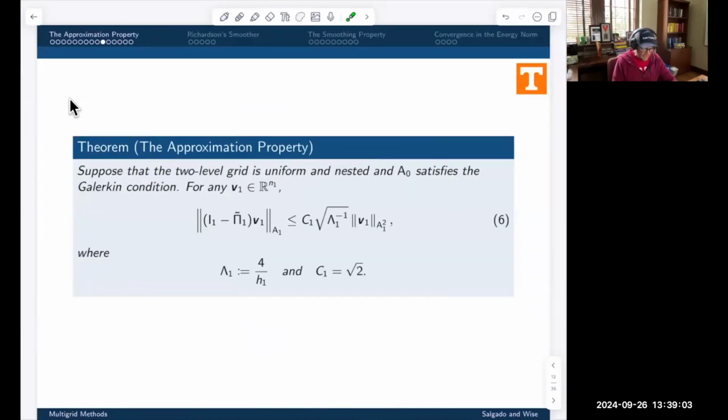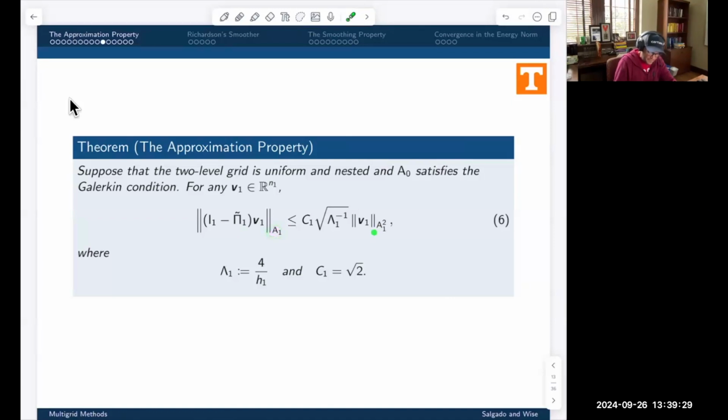All right, this is the estimate that we're actually after. And I'll be able to motivate why this estimate is useful once we get to the convergence proof. You'll see it very clearly there. For now, what it's saying is this guy here is an energy norm, right?